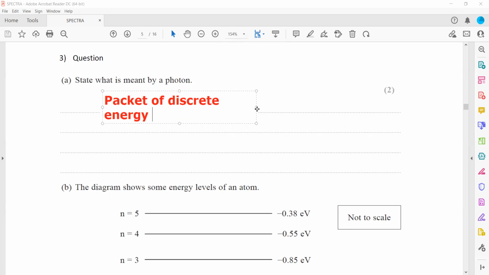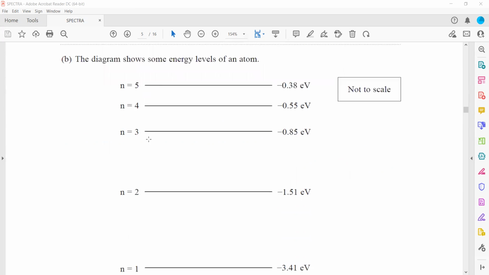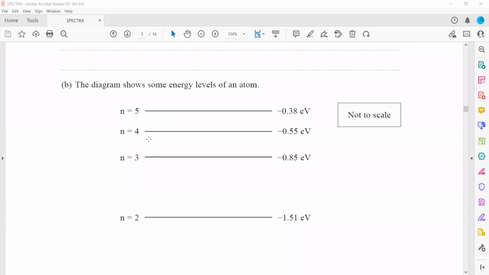So 1 mark is for mentioning packet, 1 mark is for mentioning discrete or quantized energy. You will get the 2 marks. If you only write packet, you will lose both of the marks.